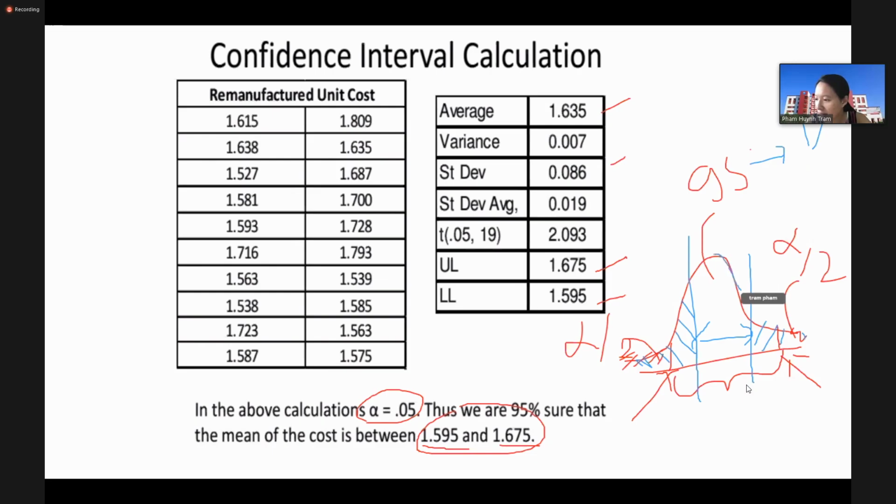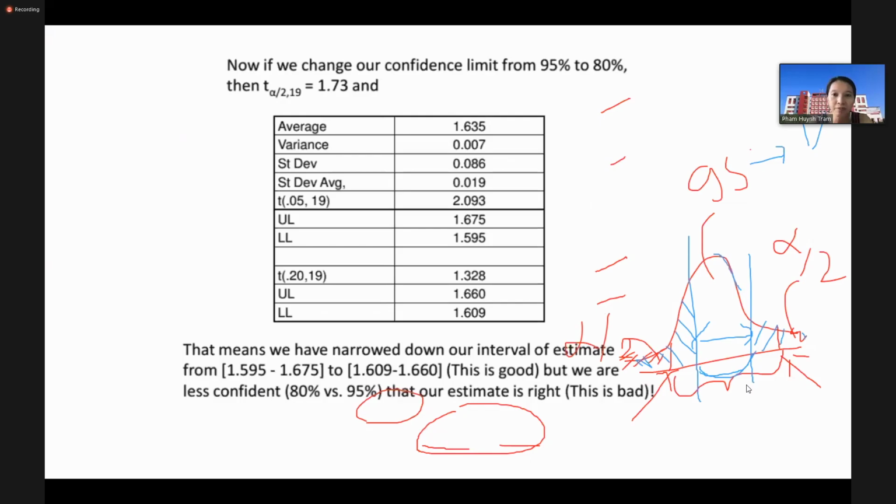If we want to increase the precision by reducing the interval, then our level will naturally, automatically reduce. So that is kind of a trade-off. So let's say we try to change our confidence level from 95% to 80% and see how precise we can estimate.